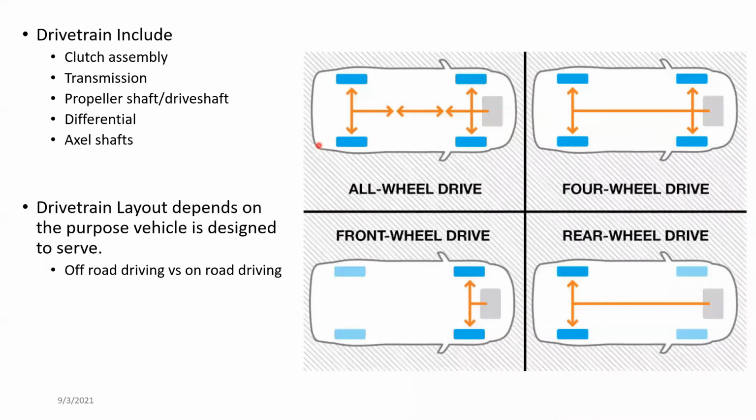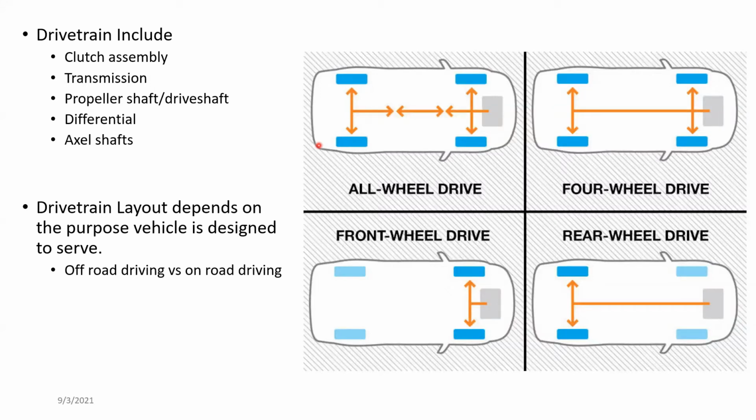Okay, so there are different types of drivetrains. The design or layout of the drivetrain depends on the purpose the vehicle is designed for. For example, in a usual passenger car, the front wheels are driven.